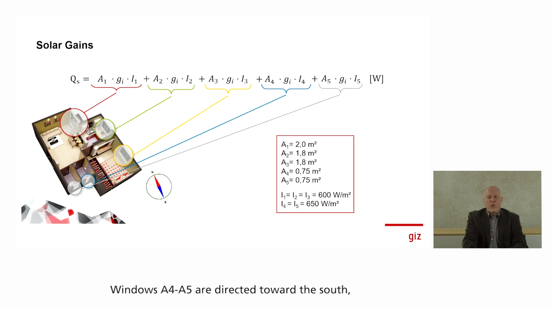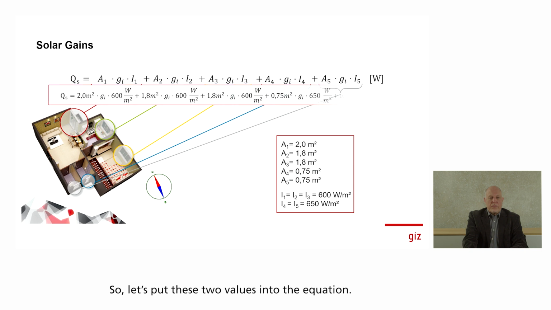Windows A4 to A5 are directed towards the south, which results in an I value of 650 watts per square meter. So let's put these two values into the equation.